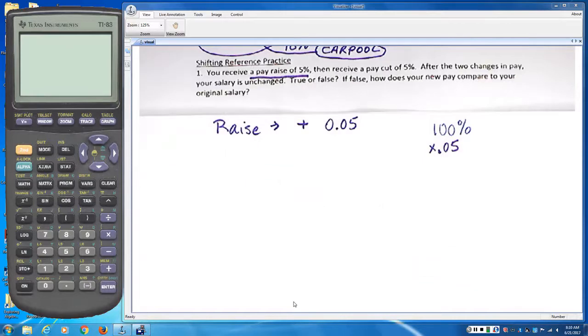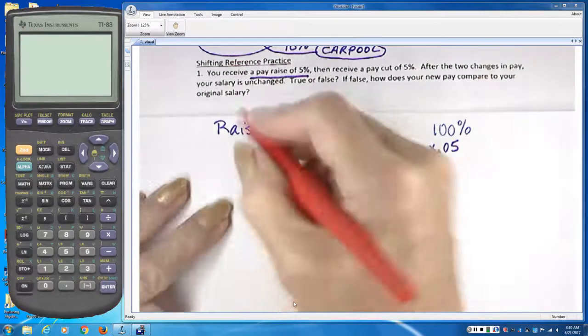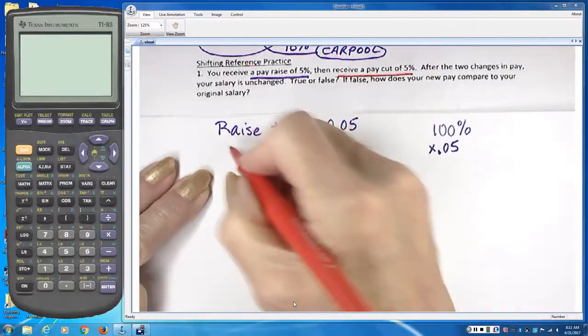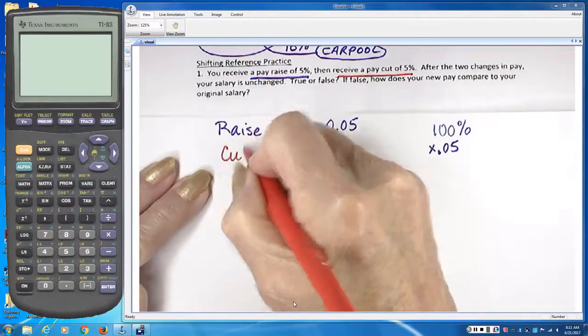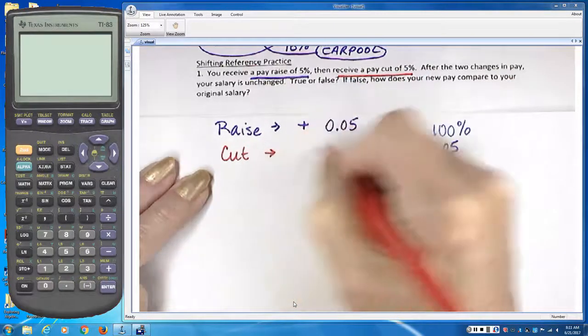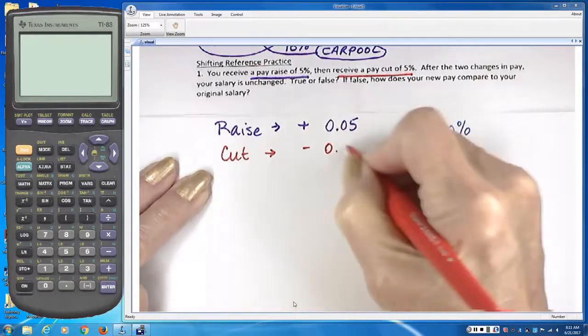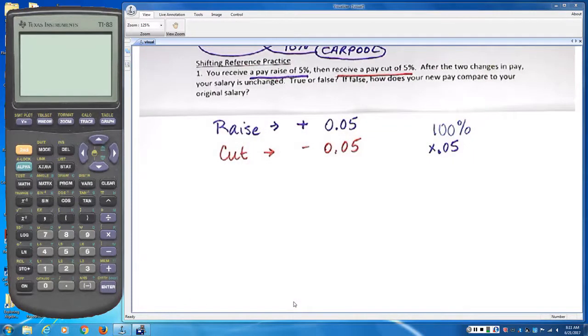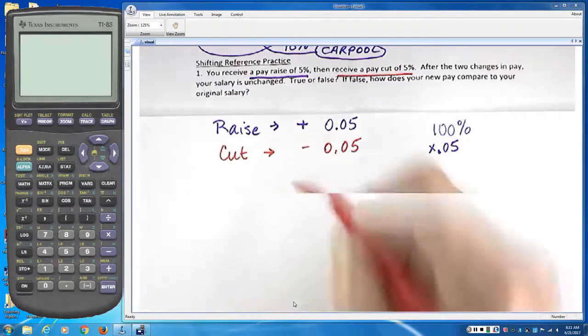But then you get a pay cut of 5%, which is 0.05 again. And it looks like if you don't think it through and you just think percents, well, these two cancel each other out.